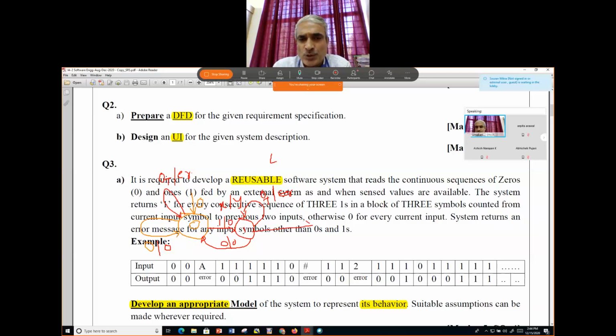So again, from state 1, if you get 1, you get to state number 2 here. If you get 1, you are still outputting 0 only. And if you get a 0, the previous two things have been broken, it will go back here. Please recollect, if you get a 0, output is 0. Similarly, if you get any other symbol, it is an error.